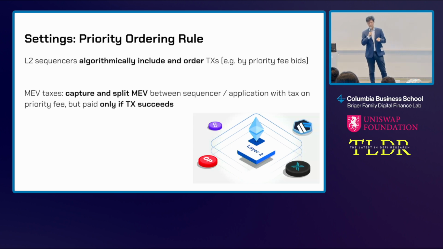And there's another up-and-coming feature called MEV taxes that allows applications to capture and split MEV between the sequencer and application with a tax on the priority fee. So this again is only paid if the transaction is successful.